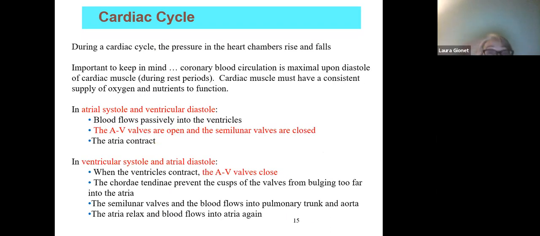So during a cardiac cycle, the pressure in the heart chambers rises and falls. When the chambers are in relaxation and filling with blood, at least at the beginning of the filling portion, the pressure is the lowest.